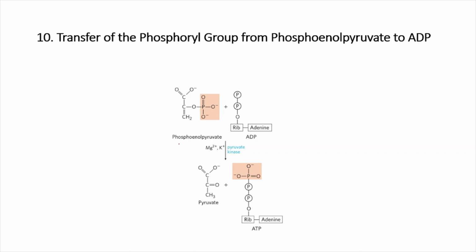Phosphoenolpyruvate reacts with ADP, and this phosphate group is transferred to ADP. So ADP will get converted into ATP and pyruvate will be formed, in presence of the enzyme pyruvate kinase. The final product that we get from glycolysis is pyruvate, which will be utilized maybe in the Krebs cycle or in other types of metabolic reactions.